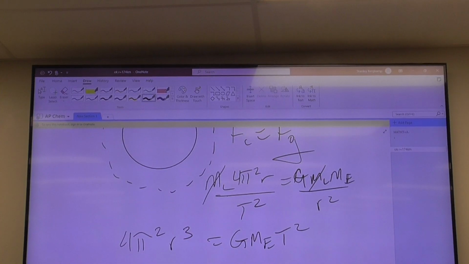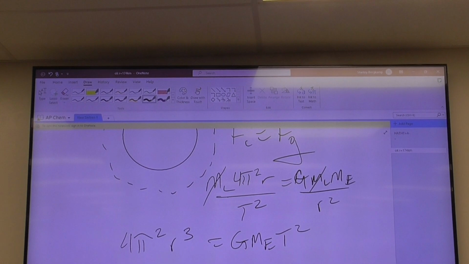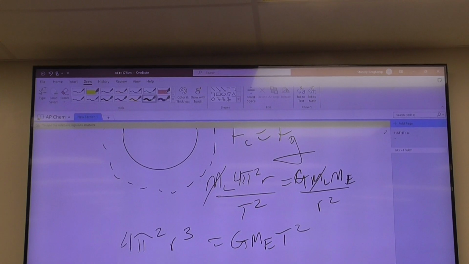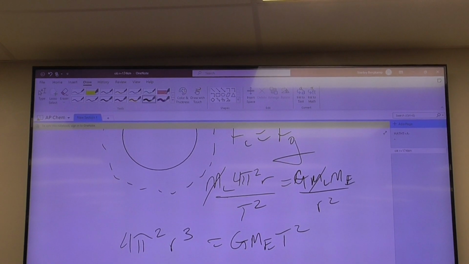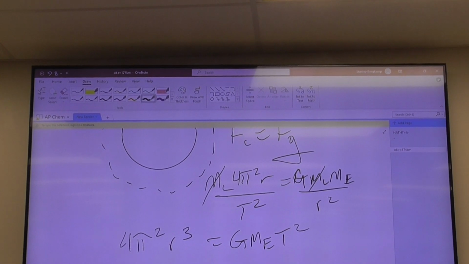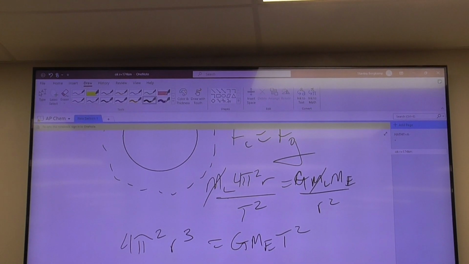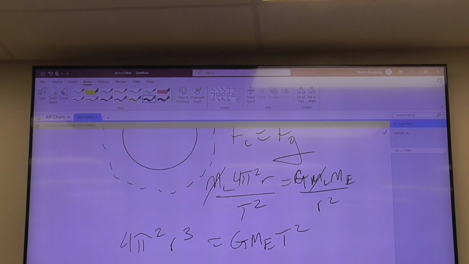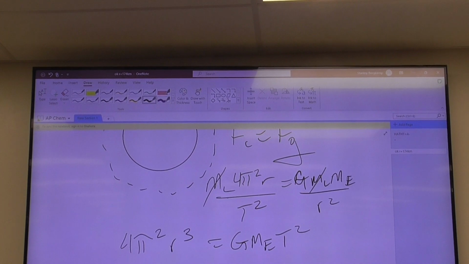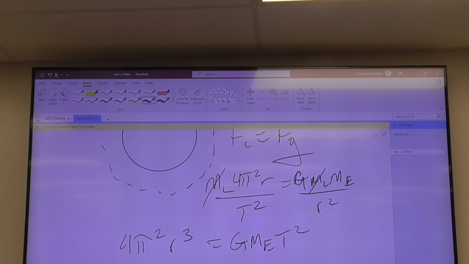So if we have any kind of rough idea of the distance from the Earth to the moon, we can solve this for the mass of the Earth. And that's how we find like the mass of Jupiter, the mass of Saturn. Any planet that has a moon that orbits it, if you can look and see the orbital radius of that moon and the orbital period of that moon, you can solve for whatever the mass is at the middle.